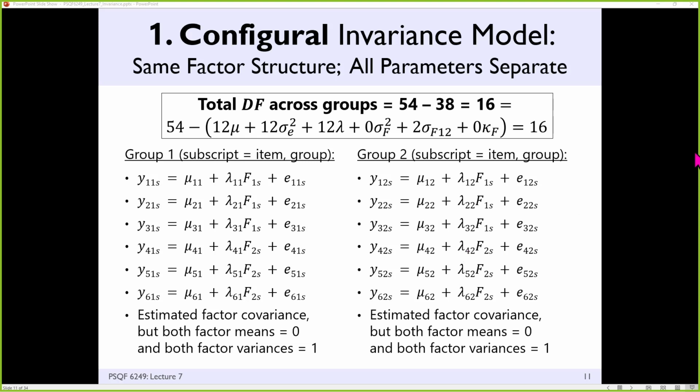Okay, so in an example here, let's say that we have 6 indicators, 3 indicators for each of 2 factors. So in the slides that follow, I've got the model parameters for group 1 and for group 2. 1 is going to be denoted as what we call the reference group, and 2 is going to be the alternative group.